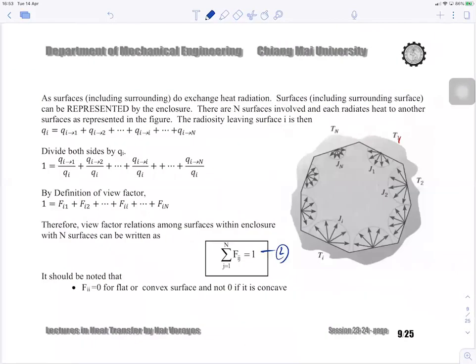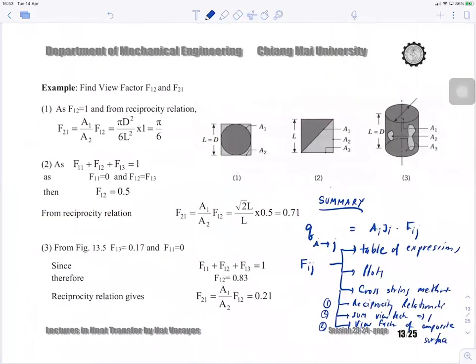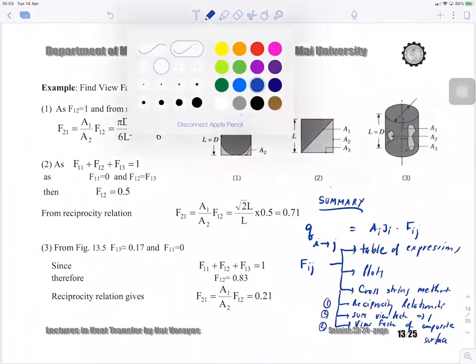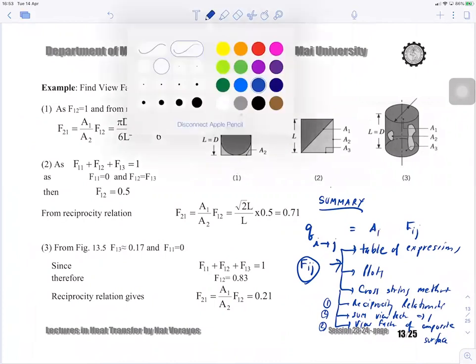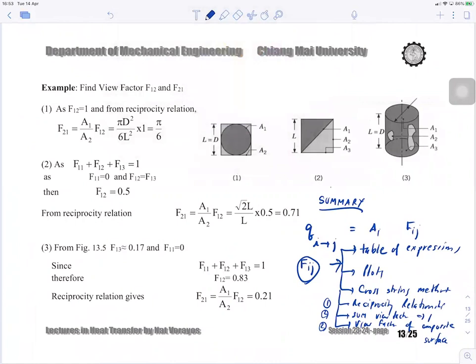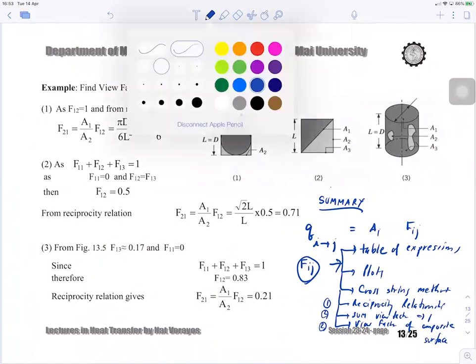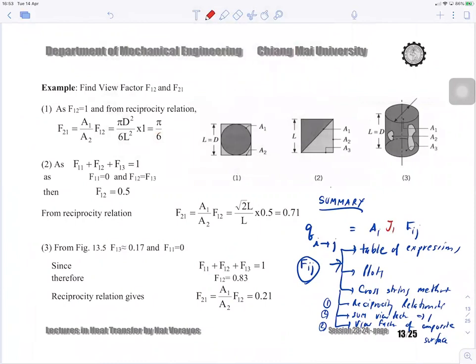Okay, so this is the summary. Fij can be found from 1, 2, 3, 4, 5, 6 possible ways. Okay, so let me remind you that up to this point, I haven't said anything about how to find Ji.